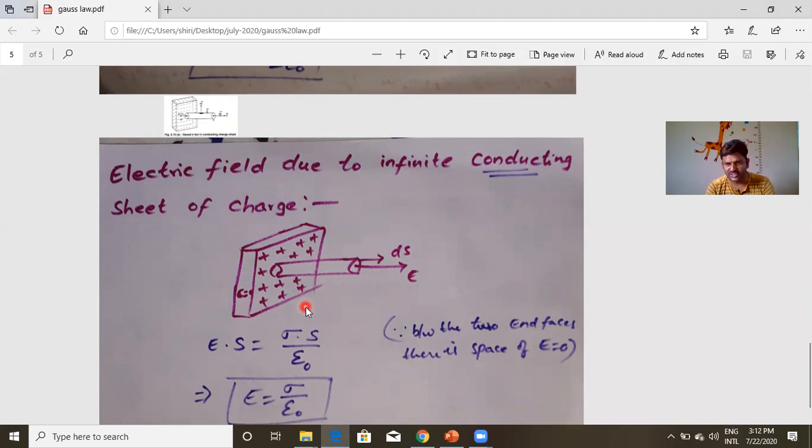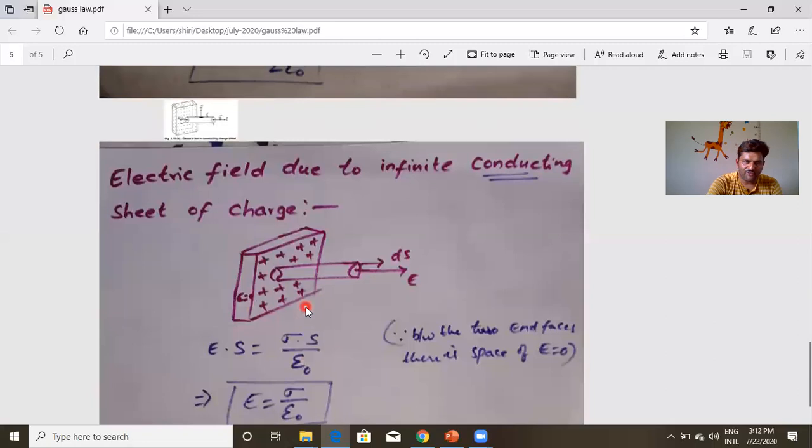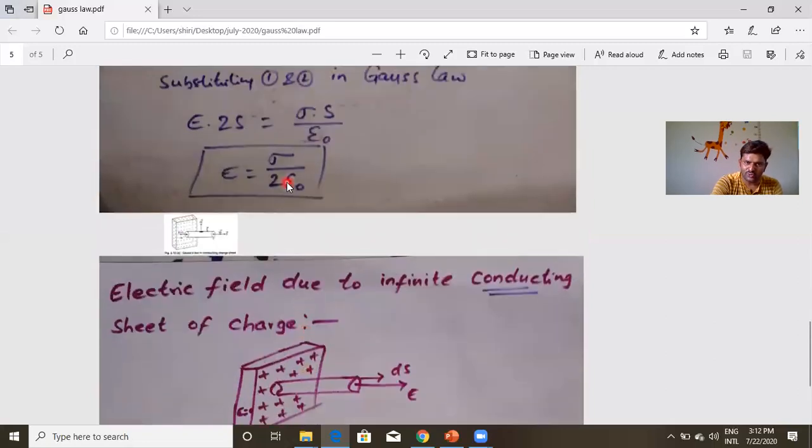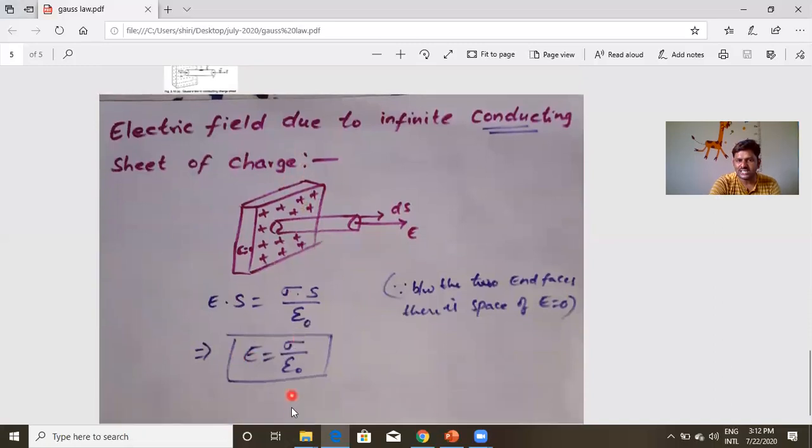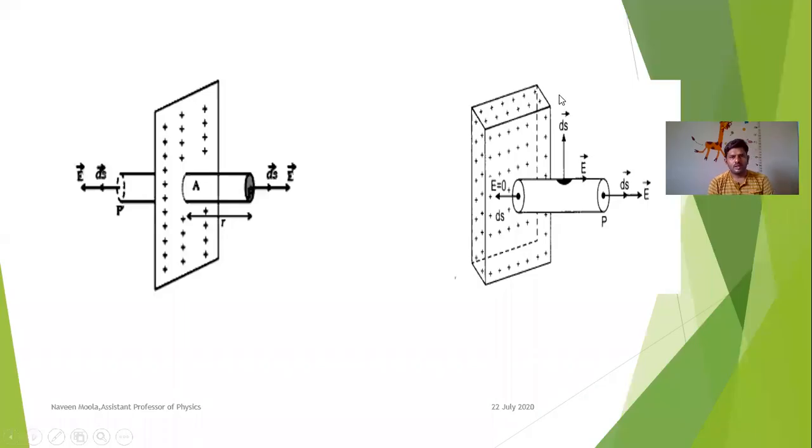For an infinite sheet of charge, the electric field produced is sigma by 2 epsilon naught. If it is a conducting sheet of charge, the electric field is sigma by epsilon naught, that is double. That is the difference in the calculation of electric field intensity for a plane sheet of charge and a conducting sheet of charge.